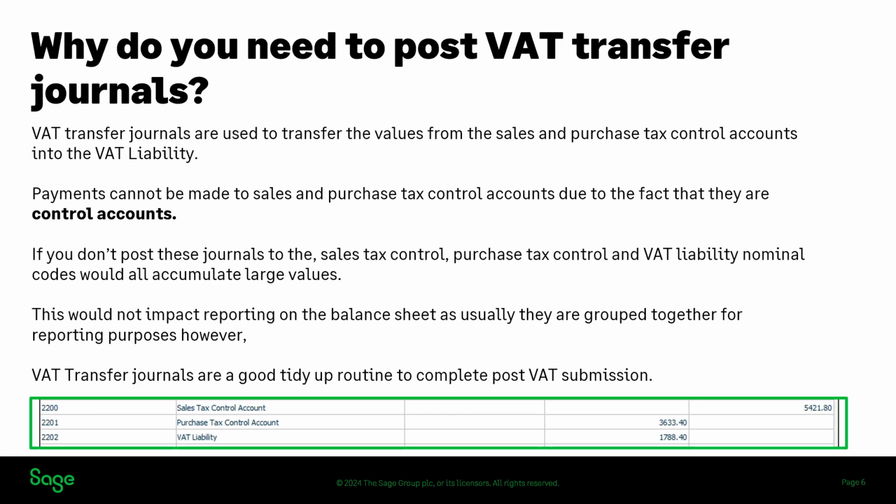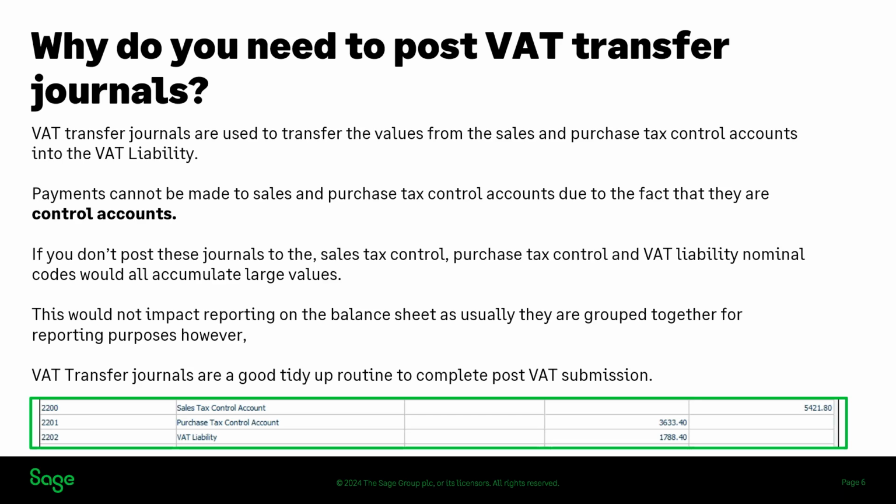At the end of that period, what you should be doing is transferring the values from your sales and purchase tax control accounts across to the VAT liability account. And that should represent the money that is owed to or from HMRC or ROS. Payments can't be made directly to the sales and purchase tax control accounts because they are control accounts. So they do need to be transferred across into this VAT liability account, which by default is normally 2202.